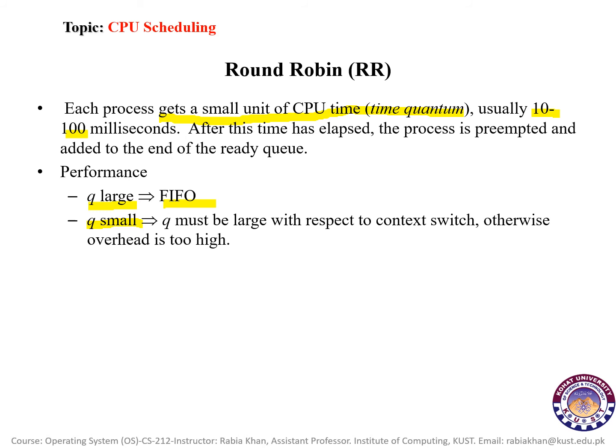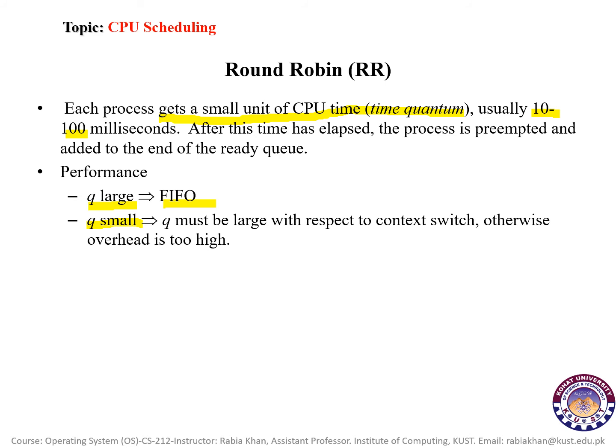And we had discussed, when we were discussing the scheduling criteria, that CPU utilization should be as maximum as possible. So if the quantum is smaller than 10 milliseconds, that means the CPU will remain idle, and most of the time context switch will happen. One process is coming, another process is going out of the CPU.